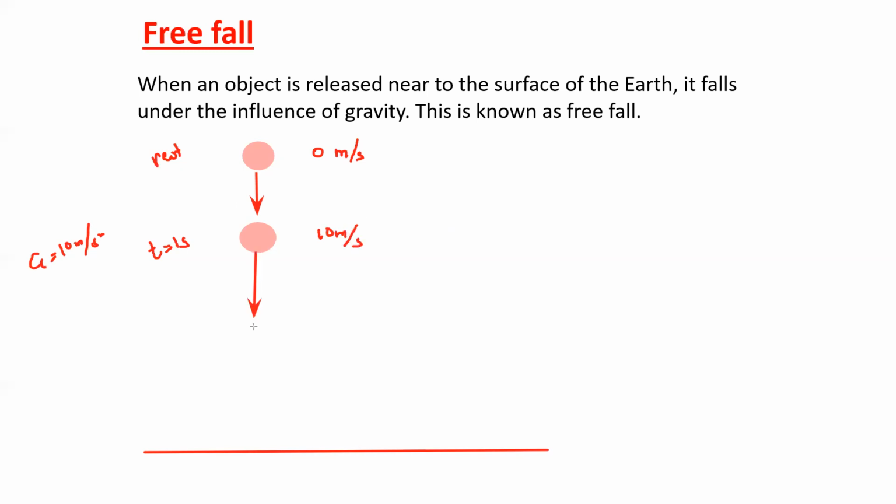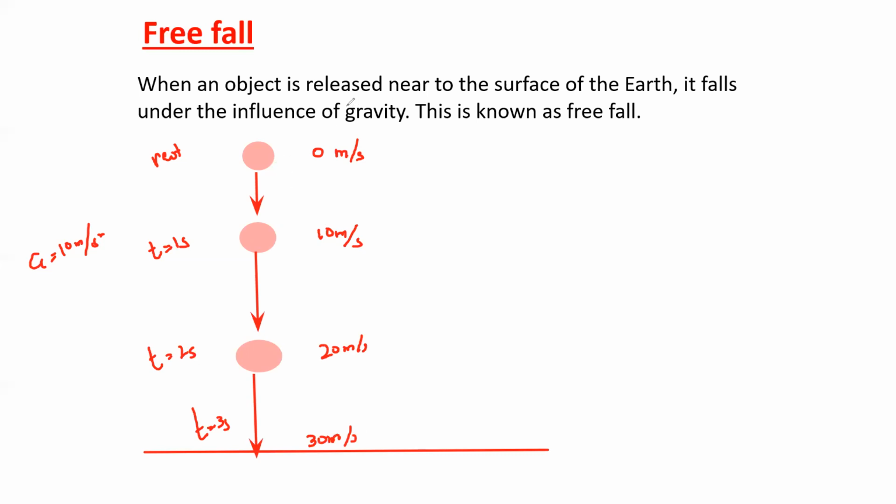Then after 2 seconds, what will be the speed? The speed will be 20. Then after 3 seconds, if it does not hit the ground, the speed will be 30 meter per second.